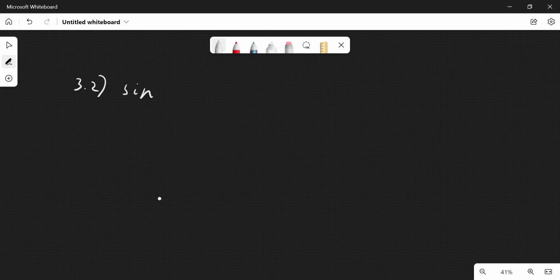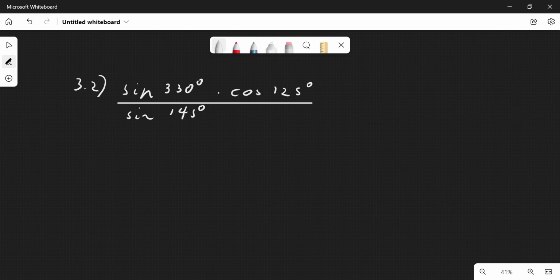We have sine 330 degrees times cos of 125 degrees, over sine of 145 degrees times cos of 180 degrees.